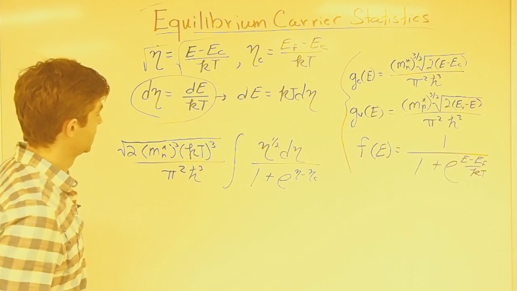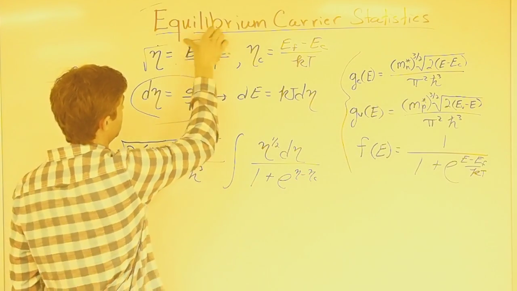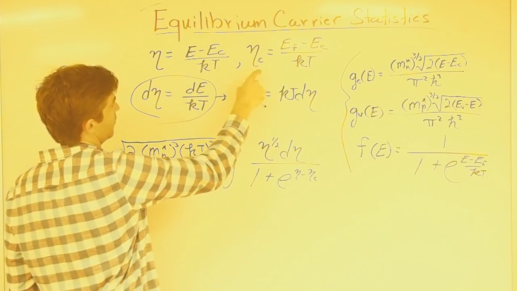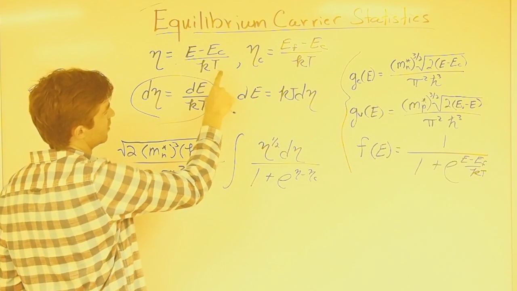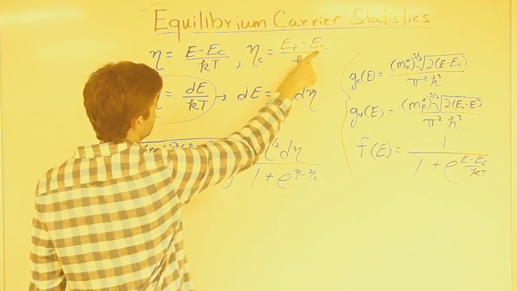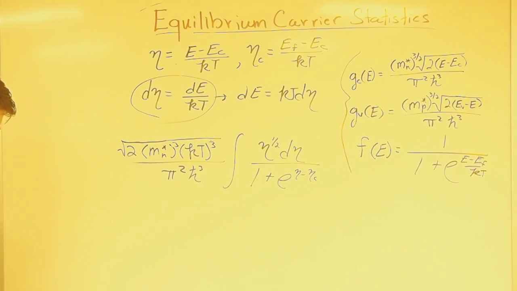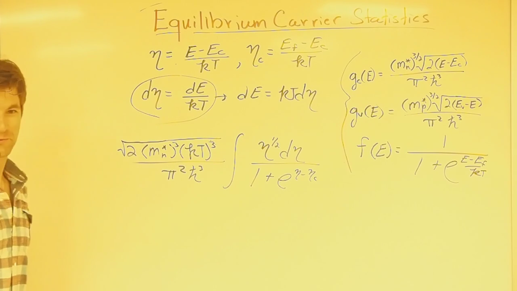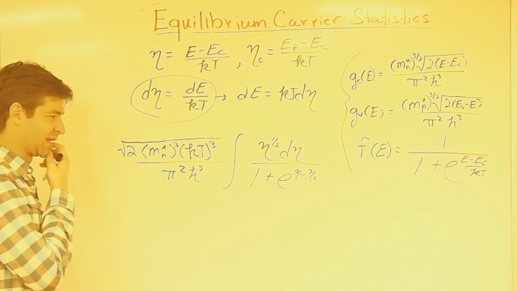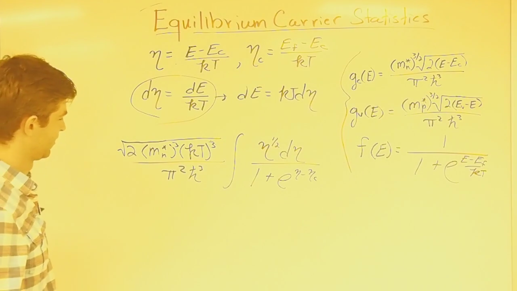Right? Because if we subtract this from this, E_C cancels out, it's just E minus E_F. Right? So that's still not really an integral you can solve using basic calculus techniques.